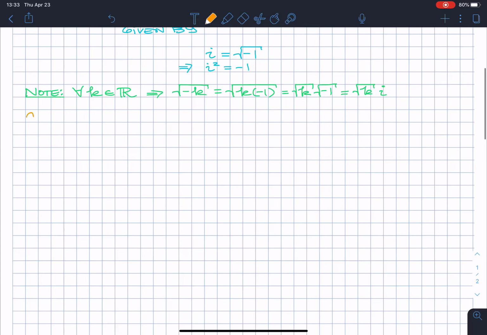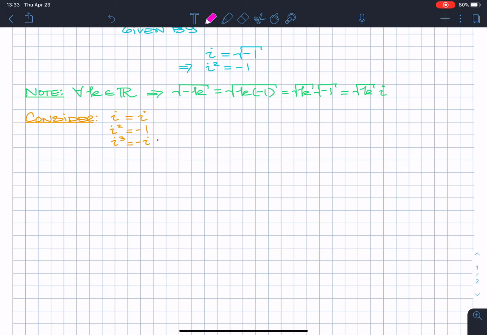So consider i is just i. i squared we know to be -1. So i cubed would be -1 times i, so that's going to be -i, and I'll show you why.